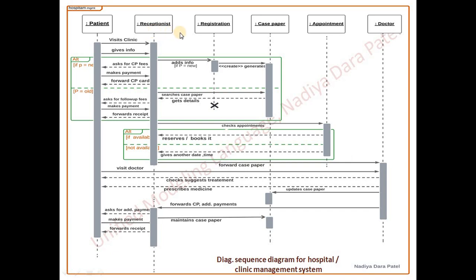The next part which should be completed before seeing your doctor is registering or creating your case paper. So once you have created your case paper, we take an appointment. If your system demands for booking an appointment, I'll tell you what to do. But first let us go through this example. Next will be taking appointment and finally taking the treatment from the doctor.